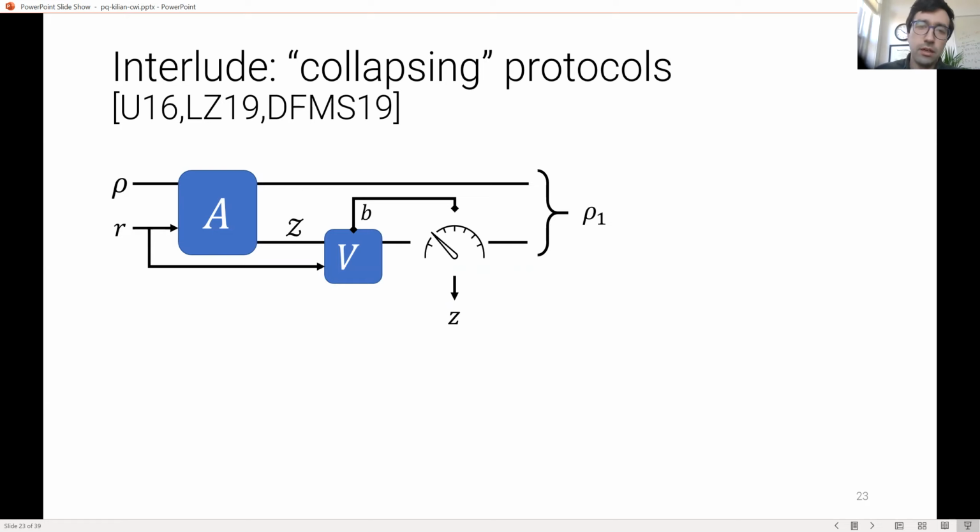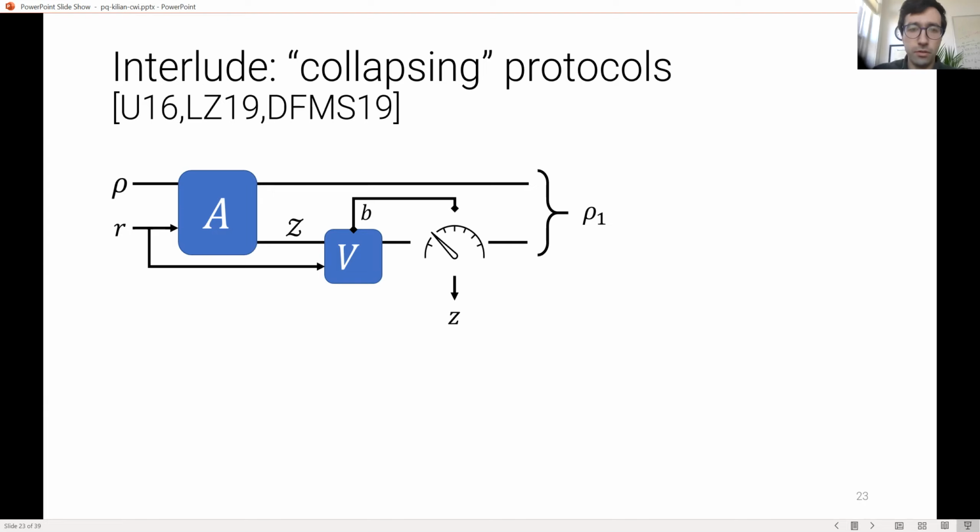Then we coherently apply the verifier of the protocol, this V algorithm, and it outputs a bit B, which says whether it accepts the response or not. So this is all happening coherently, apart from this bit B, which is a measurement of whether the thing was successful. Conditioned on this outcome, if the bit B is 1, if the verifier is accepting, then we measure the Z register.